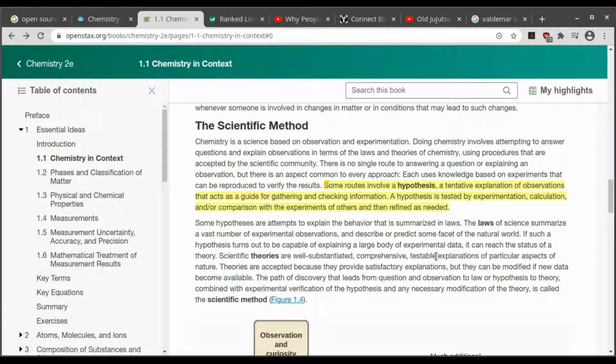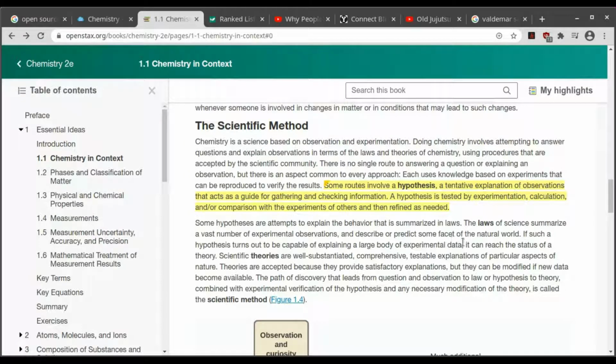The laws of science summarize the vast number of experimental observations and describe or predict some facet of the natural world. Okay, if such a hypothesis turns out to be capable of explaining a large body of experimental data, it can reach the status of theory.